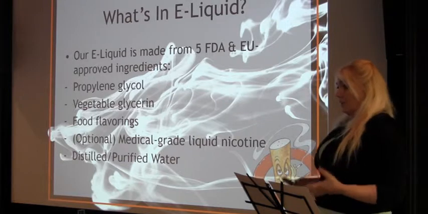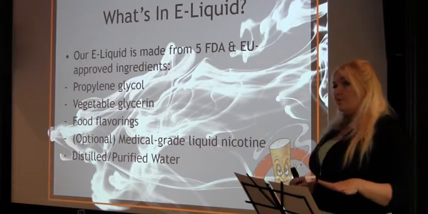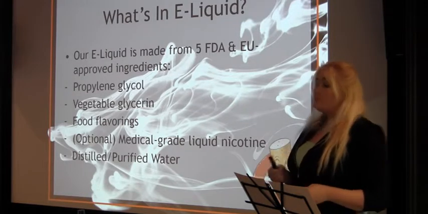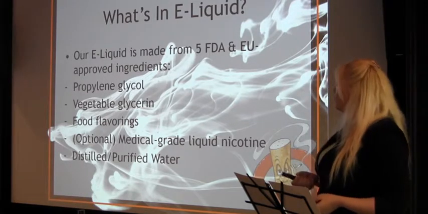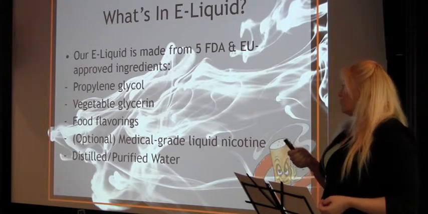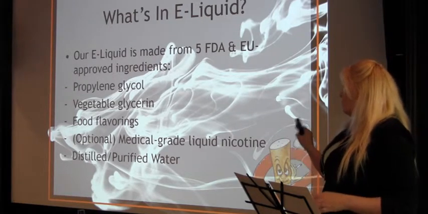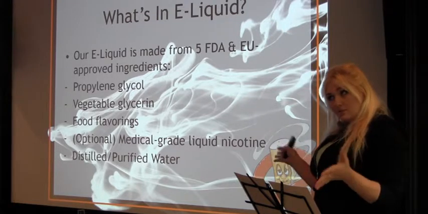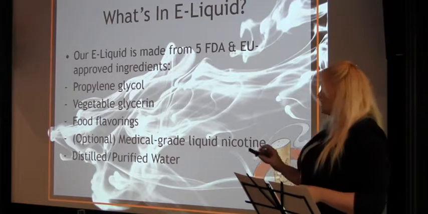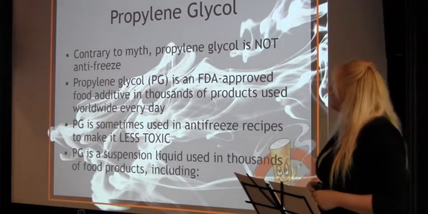So what's in e-liquid? Our e-liquid is made from 5 ingredients that have already been approved as safe for human consumption by the FDA and the European Union, and those include propylene glycol, vegetable glycerin, food flavorings, medical grade liquid nicotine, but almost all e-cigs are available without any nicotine in it, and distilled or purified water.